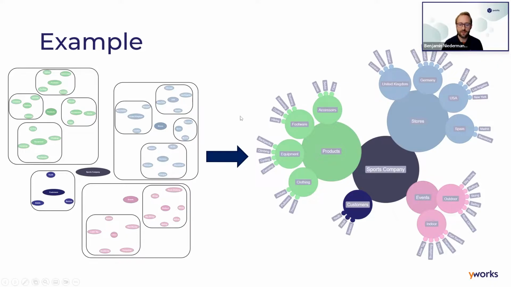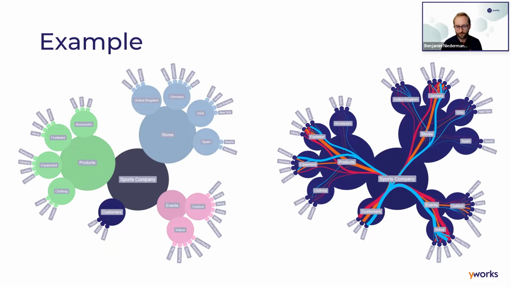So one example could be which customers buy which products in which stores, or which customers do attend which events. And this would be information that could be really interesting when analyzing our business. And for that, we can introduce edges.